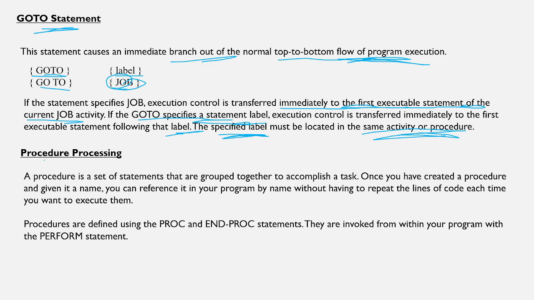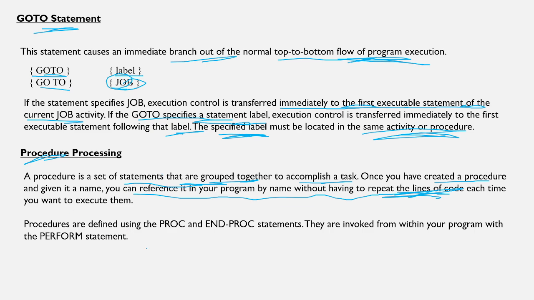And what is a procedure? It is a set of statements that are grouped together to accomplish a certain type of task. Once you have created a procedure and given it a name, you can reference it in your program by name without having to repeat the lines of code each time you want to execute them.